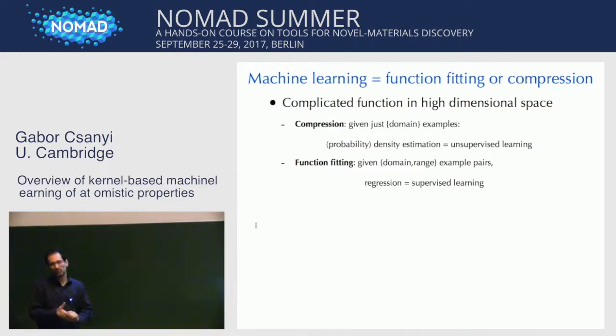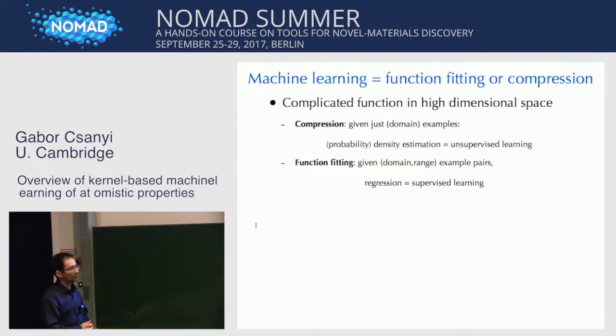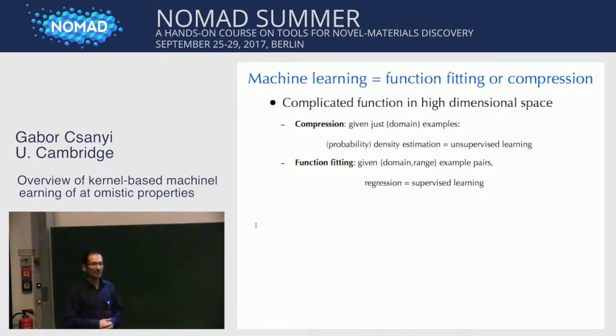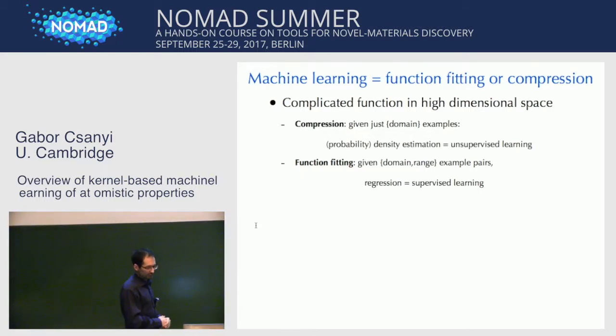Function fitting is when you get input data where the data are pairs of inputs and targets. It's called supervised learning, when you're told that this function has this input and this is an example output. You get given many of those, and then your task is to develop a model for that function.